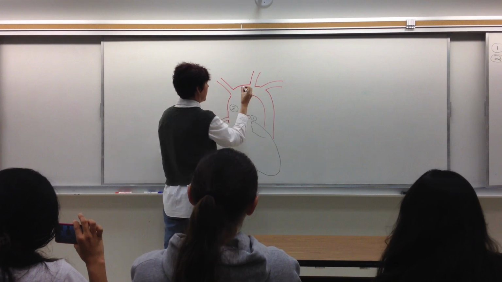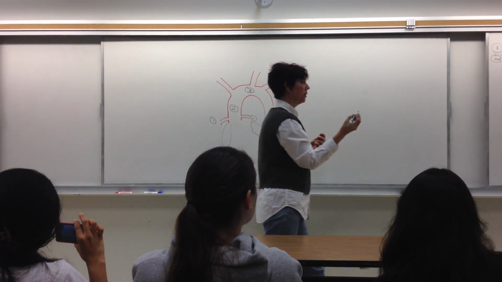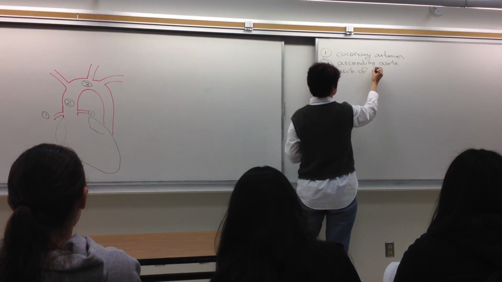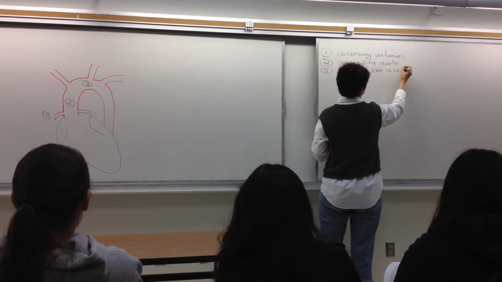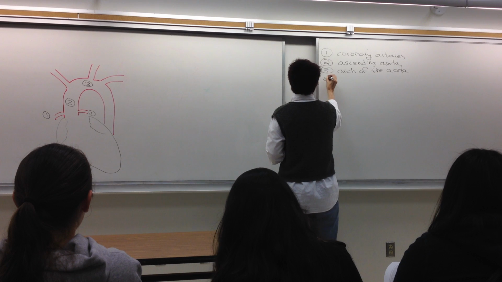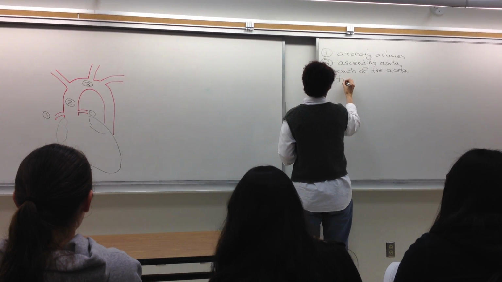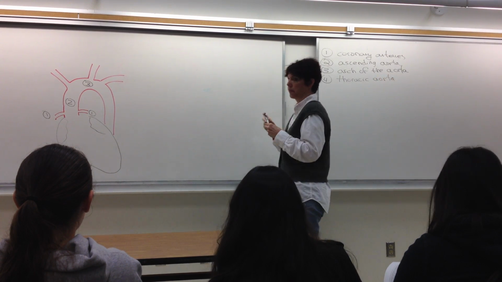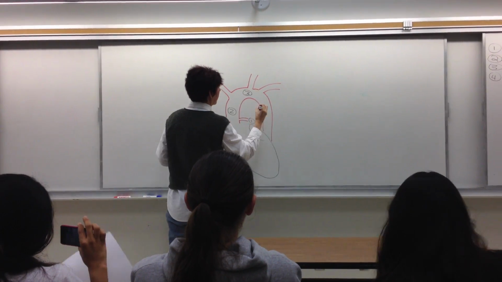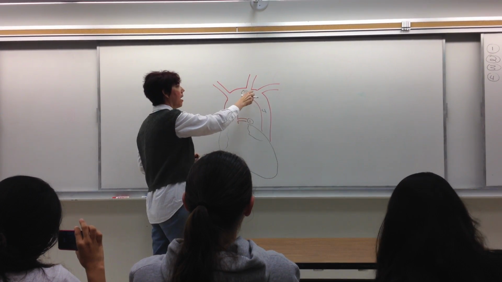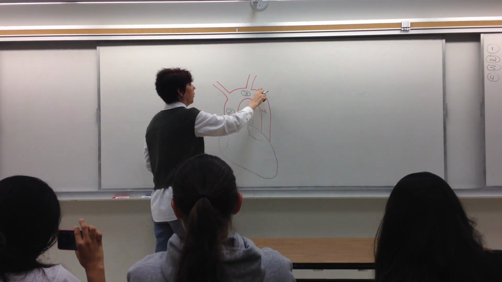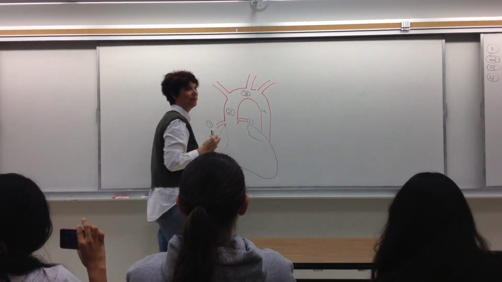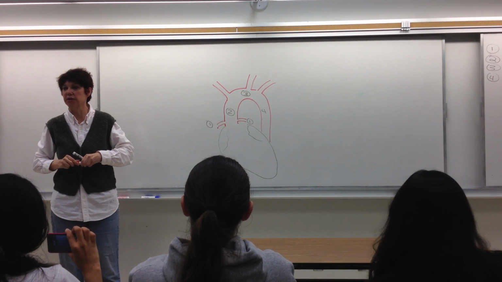This portion here would be the arch, either aortic arch or arch of the aorta, either one is fine. And then we would have the thoracic aorta. Now in our models in the lab, we have the arch of the aorta on the hearts, and then they kind of stop there. But now you can reference their structures.